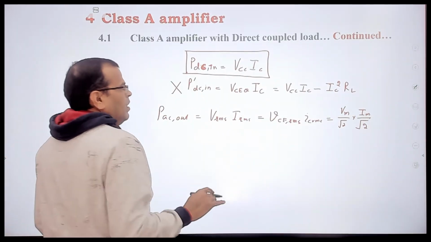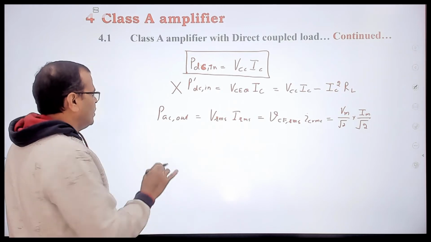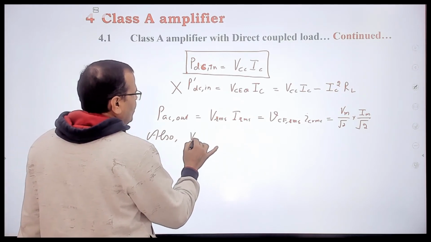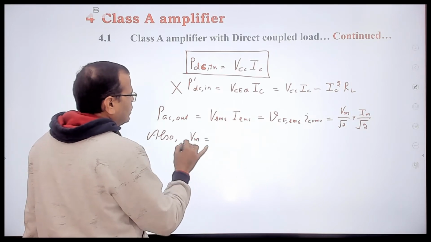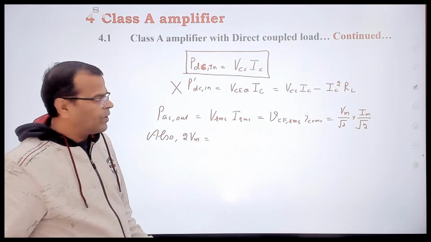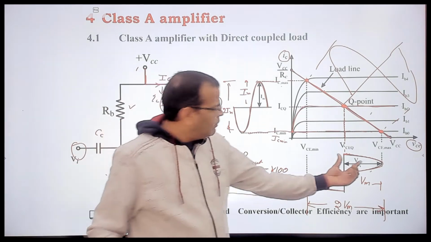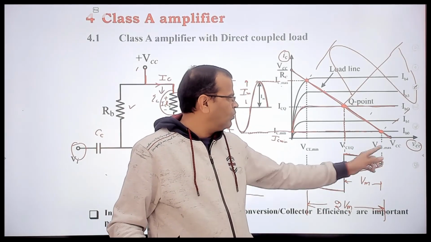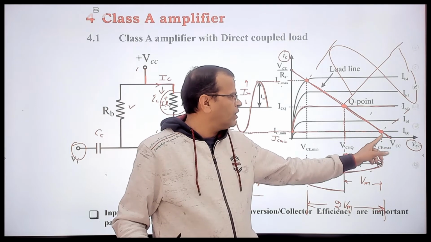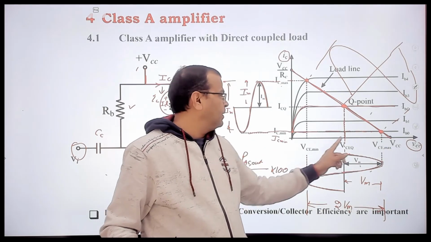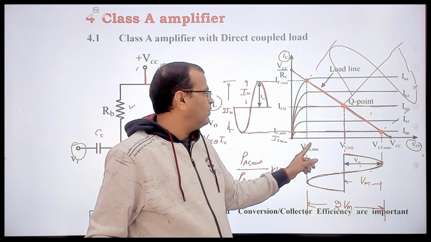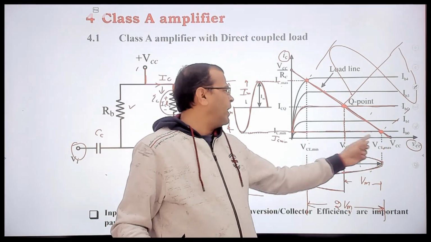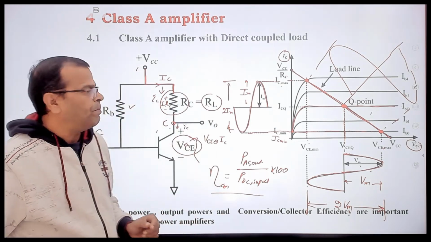Now please see one more thing. Also, if you see from the characteristic, 2 Vm, that is Vm plus Vm from here to here, is equal to what? This value of the voltage is Vce max. This value of the voltage is Vce min. Similarly, 2 Vm will be equal to Vce max minus Vce min.